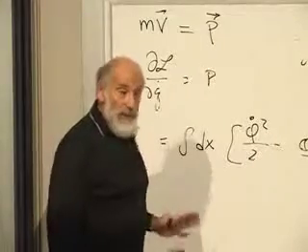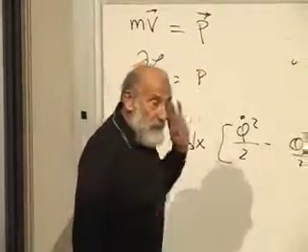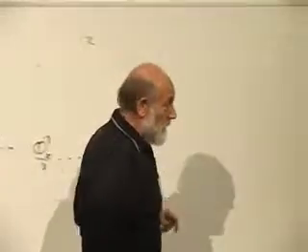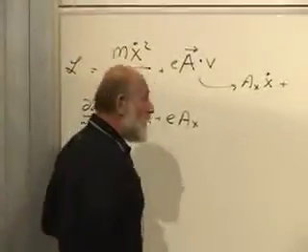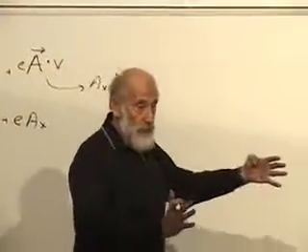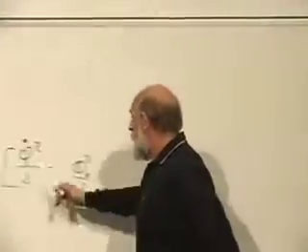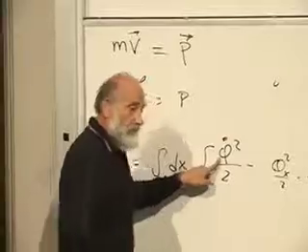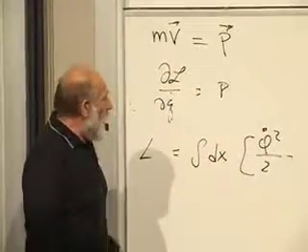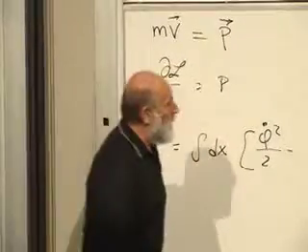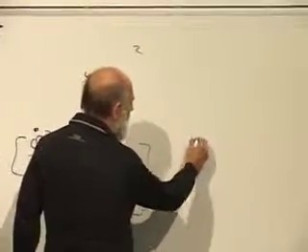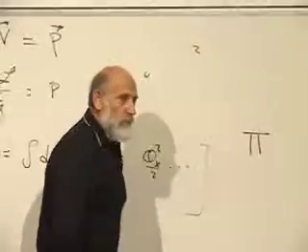So it's quite a different concept. It has nothing to do with translation symmetry, nothing to do with spatial translation symmetry. It has only to do with the field phi. Okay? So what is that canonical momentum? It's often called pi.